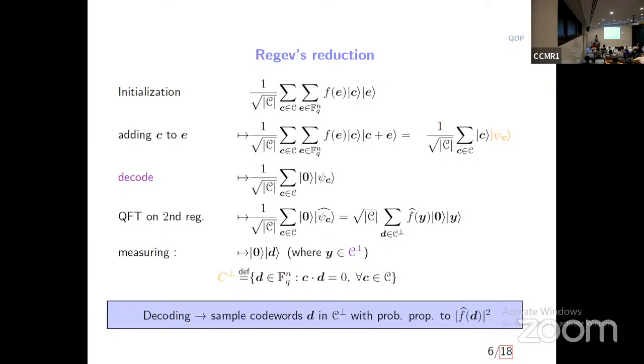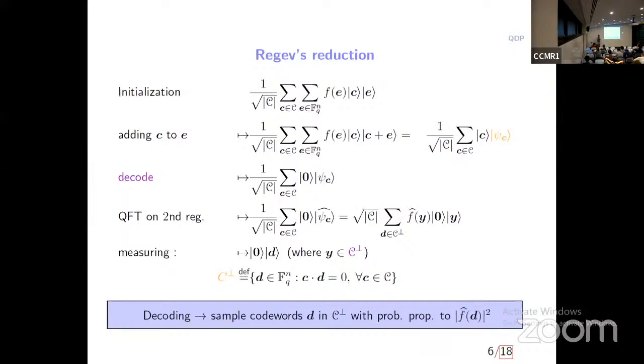But now if you look really at what we have at this point, actually we are missing something here. You can rewrite this as a superposition over all possible code words, where psi of C is just the sum of f of E times C plus E. It's precisely the one we had for the quantum decoding problem.